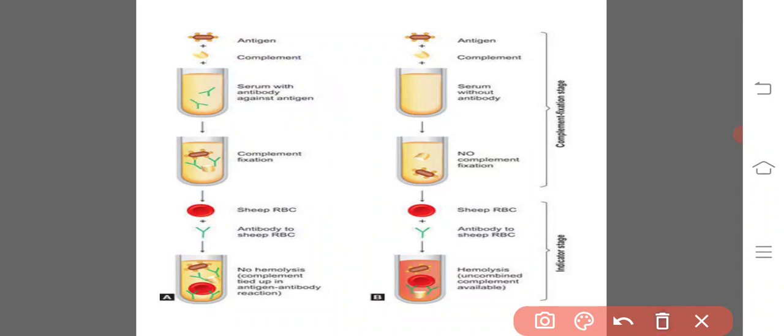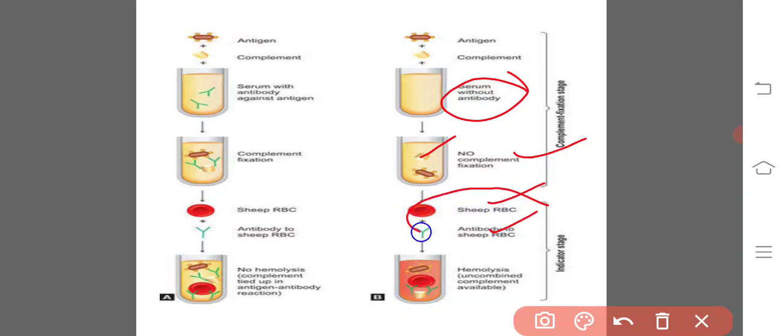Then, due to the absence of the antibody, no complement fixation takes place. Now the complement is free for the attachment of another antigen antibody complex. So here the sheep RBC and anti-sheep RBC antibody both form the antigen antibody complex, so the complement comes in contact with the antigen antibody complex and thereby causes the lysis of the RBC.